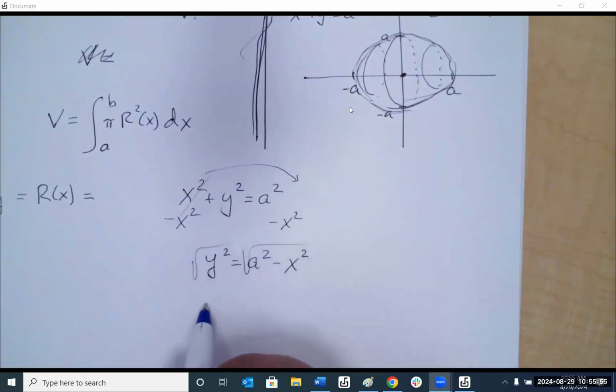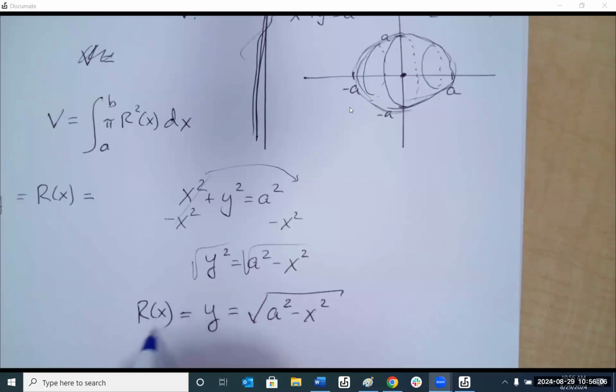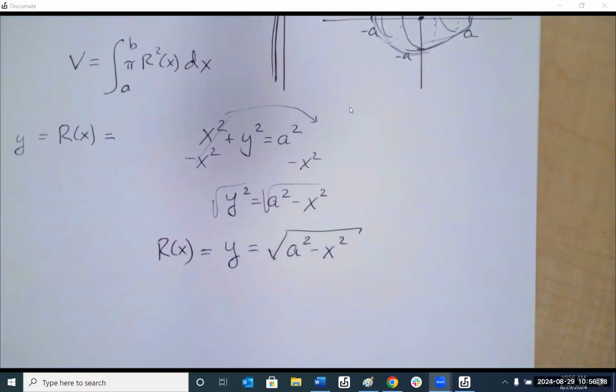Square root both sides. Y equals the square root of a squared minus x squared. And that's what my r is. Any questions so far?